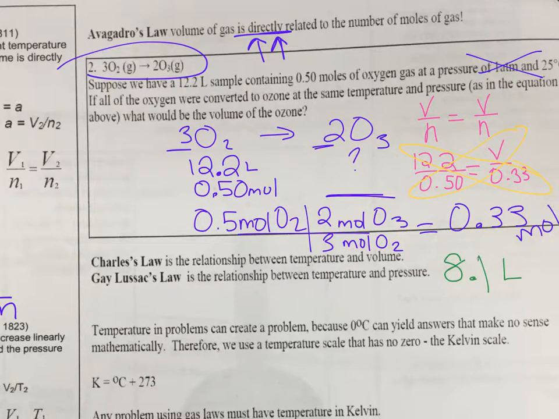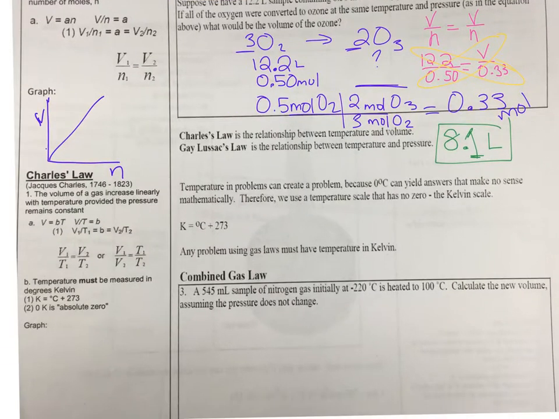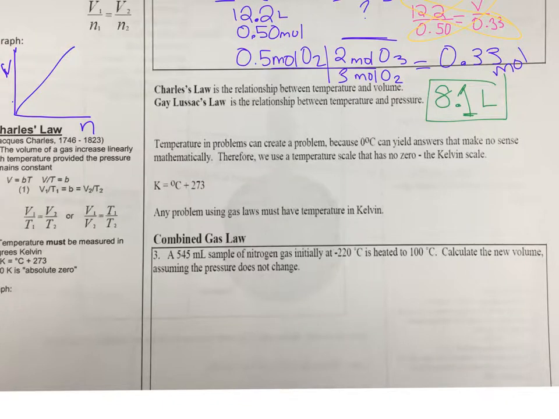That's a very weird one. Sorry. All right, so 8.1 liters. My hand slipped. Are there any questions on Avogadro's law? We're all good? Sweet.